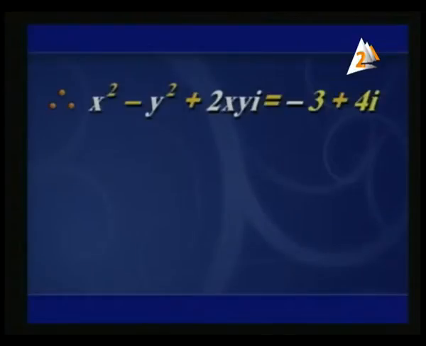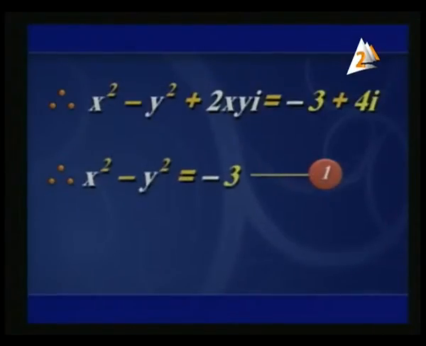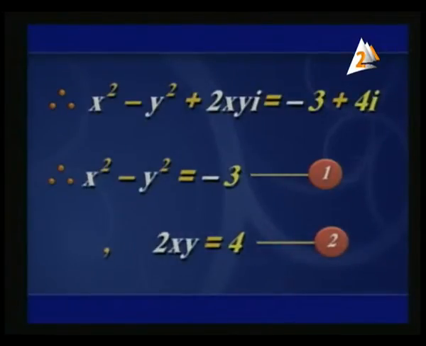Therefore, x squared minus y squared plus 2xyi equals negative 3 plus 4i. Therefore, the real part: x squared minus y squared equals negative 3, this is equation number 1, and the imaginary part: 2xy equals 4, this is equation number 2.